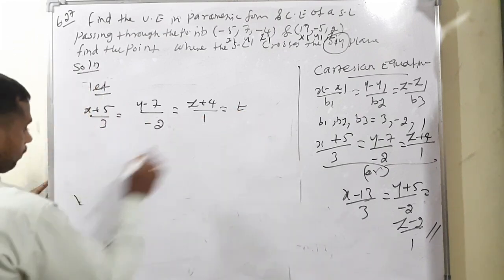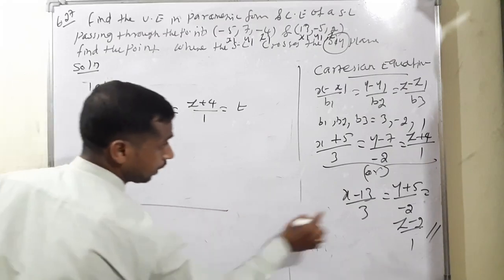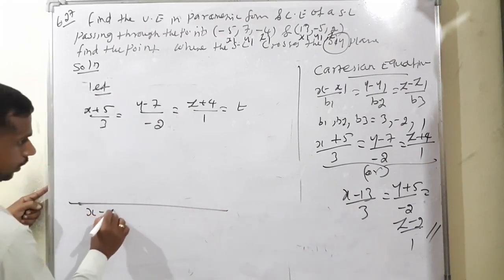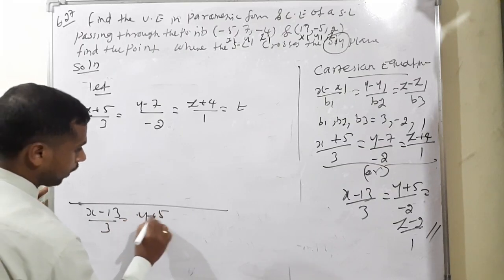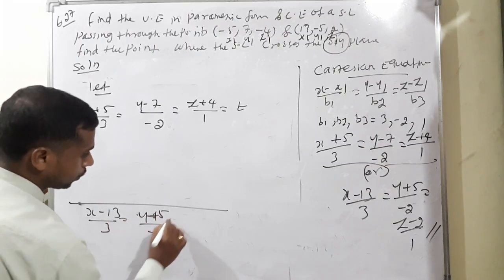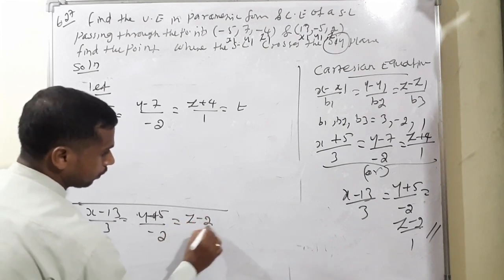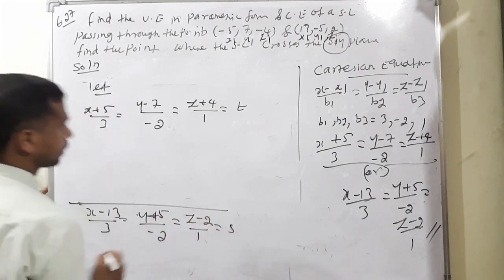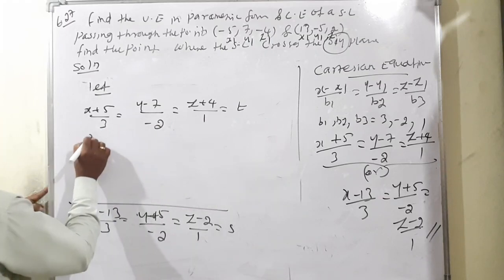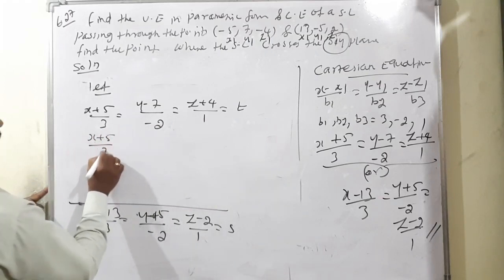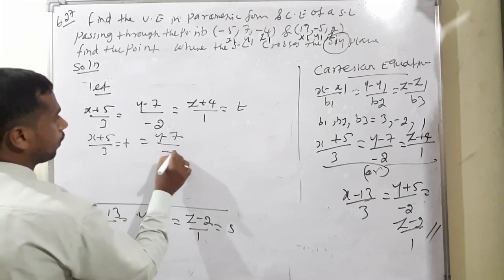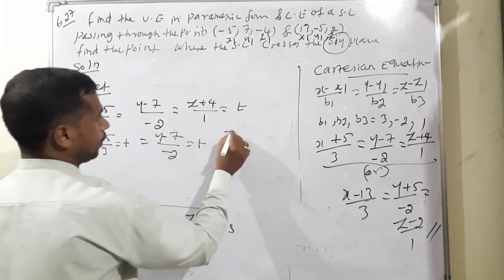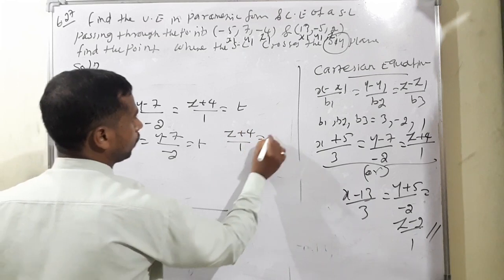Equating each and every term. Then the second term, x minus 13 divided by 3 is equal to y plus 5 divided by minus 2 is equal to z minus 2 divided by 1 is equal to s. Each time, equating t: x plus 5 divided by 3 is equal to t, y minus 7 divided by minus 2 is equal to t, z plus 4 divided by 1 is equal to t.